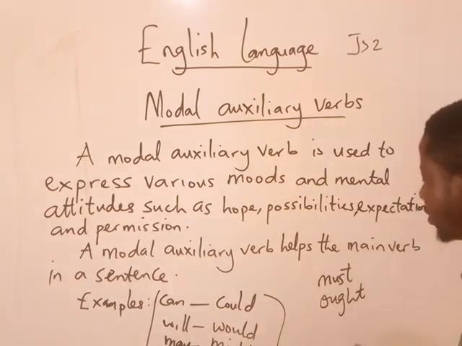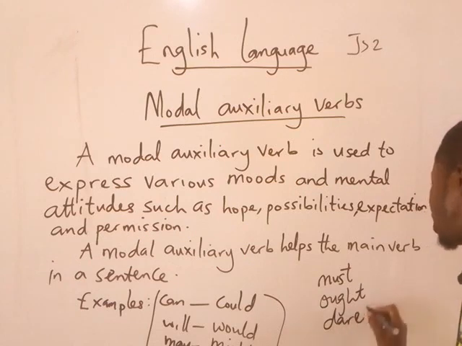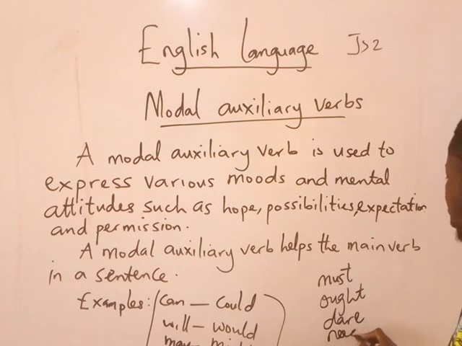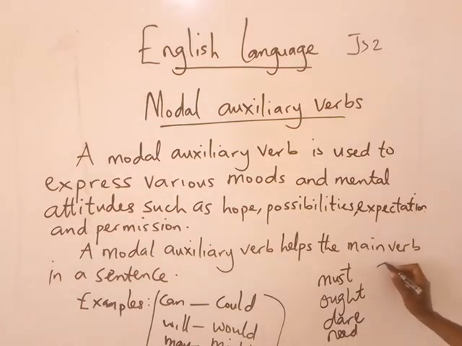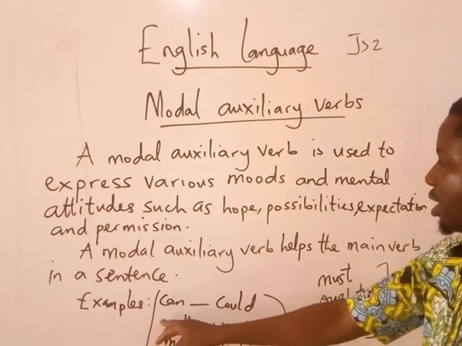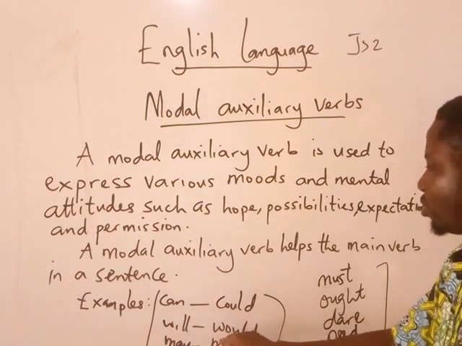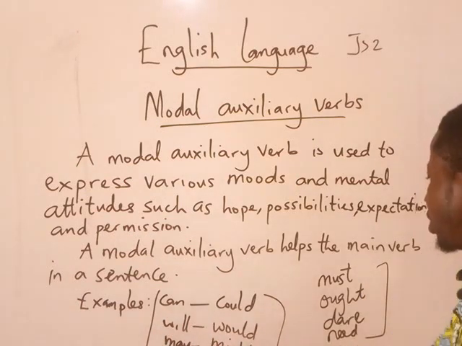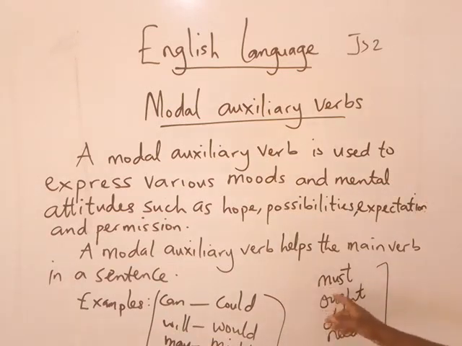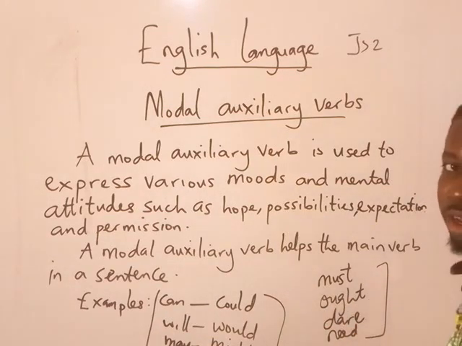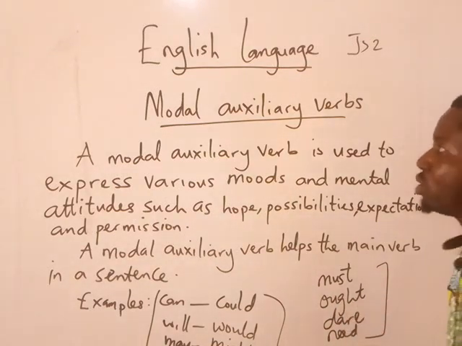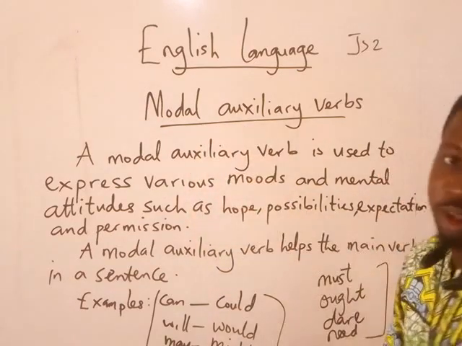We have dare, D-A-R-E, and we have need. All these ones are also modal auxiliary verbs, but they are without counterpart, unlike can to could, will to would, may to might, shall to should. On the other side, we have must, ought, dare, and need. I'm going to discuss the function of these modal auxiliary verbs as we proceed.